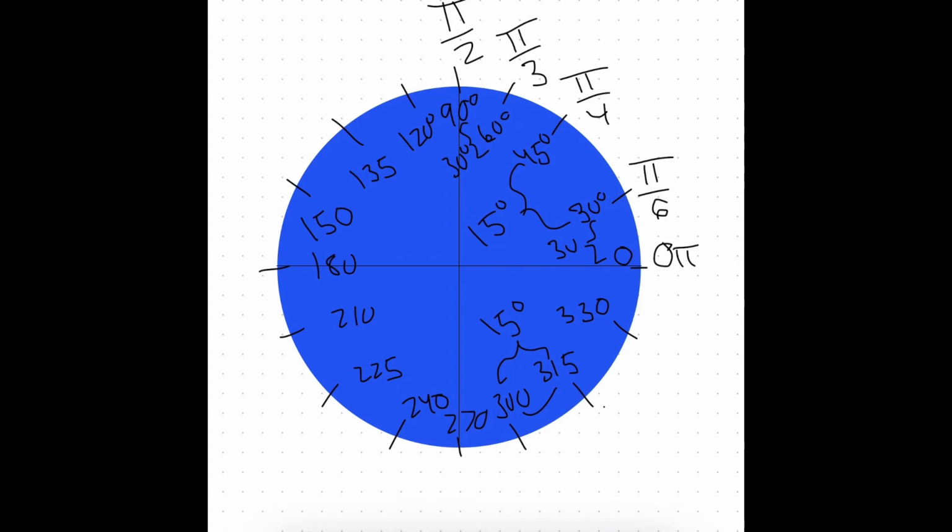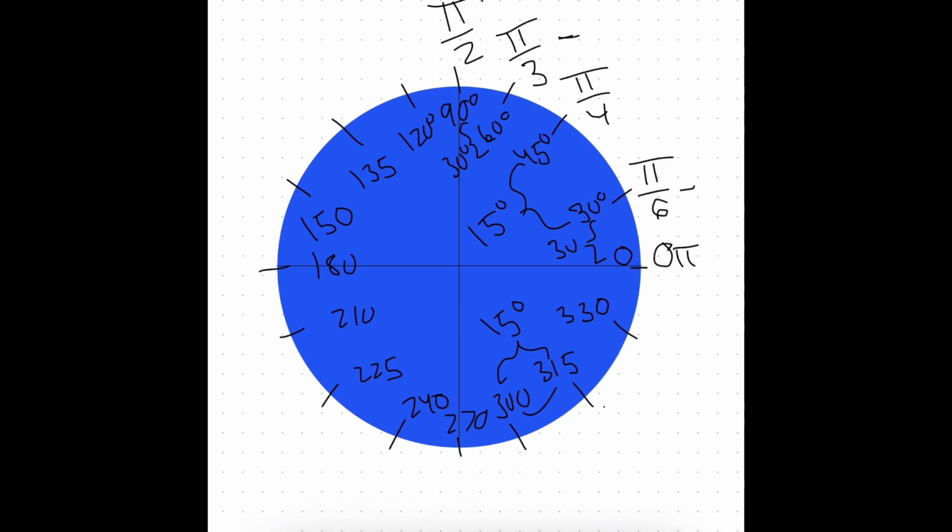So let's look at this. For the first point, it's pi over 6. So this will be pi over 6. This will be 2 pi over 6. So you skip over the second one and you go to the third one. So pi over 6, 2 pi over 6 over here. And then this is 3 pi over 6.